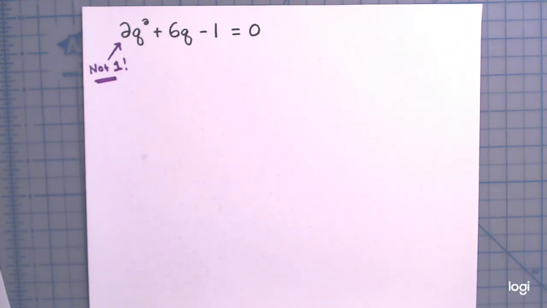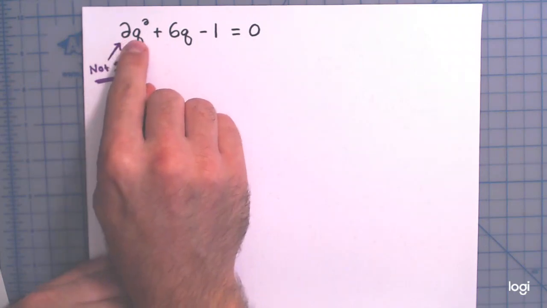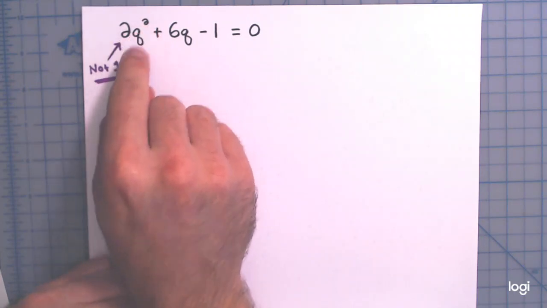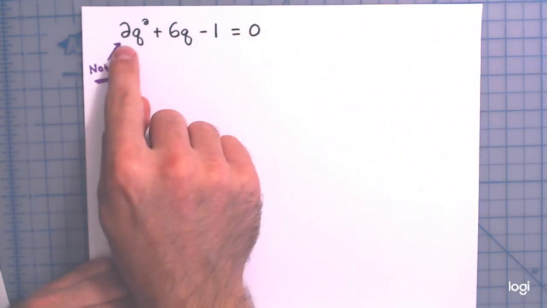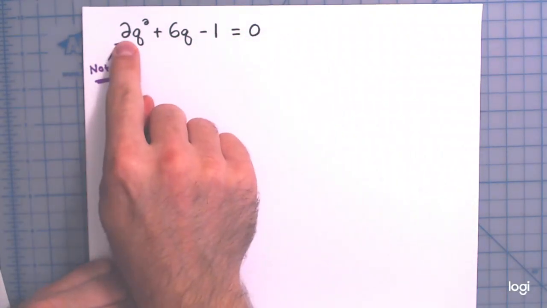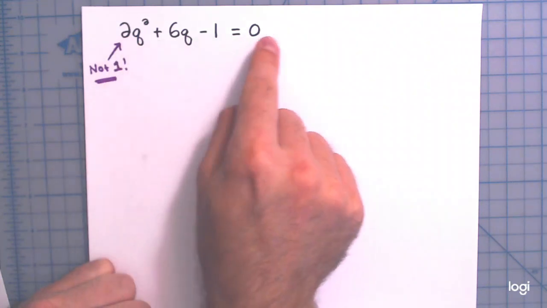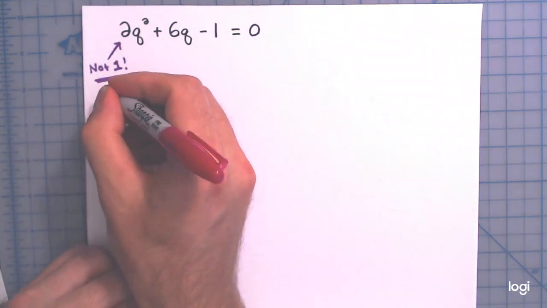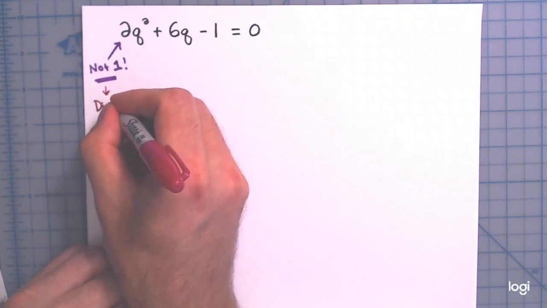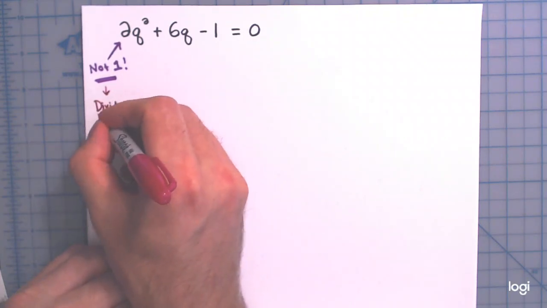Well, it's very simple to fix that, as I mentioned. Here it's 2 times q squared. Then I have plus 6q, and then minus 1 equals 0. If I want that to be 1, simply divide everything by that number. So all I'm going to do here to fix this is divide by 2, divide by the lead coefficient.